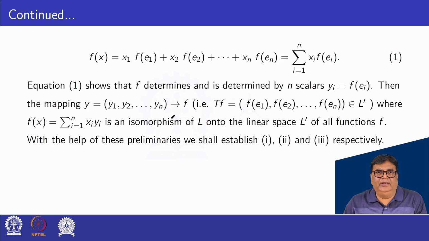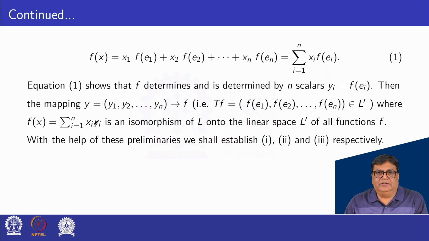Then the mapping Tf, the collection of f(ei), that is Tf is equal to the n-tuple f(e1), f(e2) and so on f(en), which is an element of L dash, where f(x) is equal to summation i equal to 1 to n of xi yi.